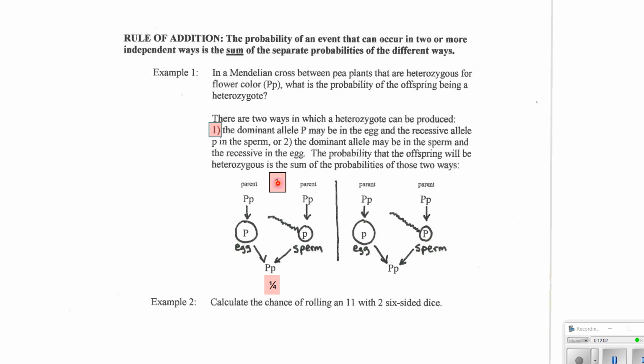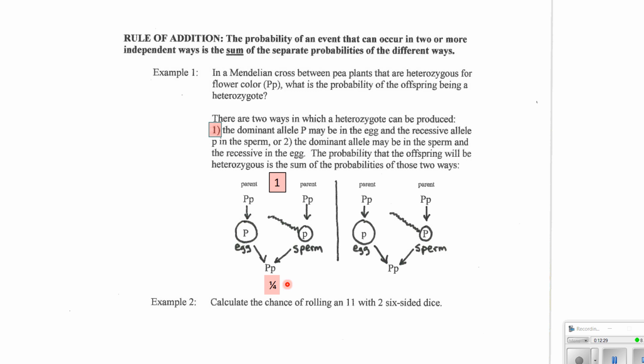So the first way, big P in the egg, little p in the sperm, the probability would be 1 out of 2 multiplied times 1 out of 2, so that's a 1/4 probability. Now you'll notice I did use the rule of multiplication. I know we're talking about the rule of addition right now, but in this little step, I do have to multiply 1/2 times 1/2 to get this 1/4.